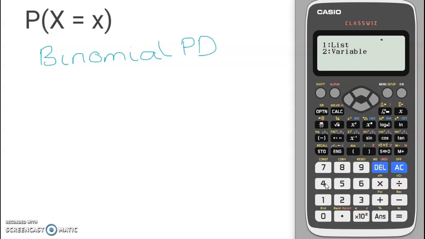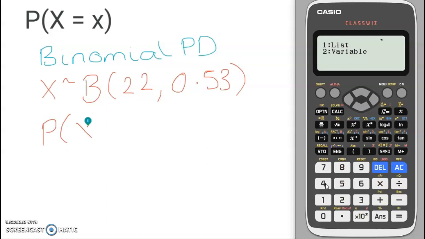Let's have a look at an example of how we can use this. So for example, if x is binomially distributed with an n value of 22 and a p-value of 0.53, what is the probability that x equals 18?